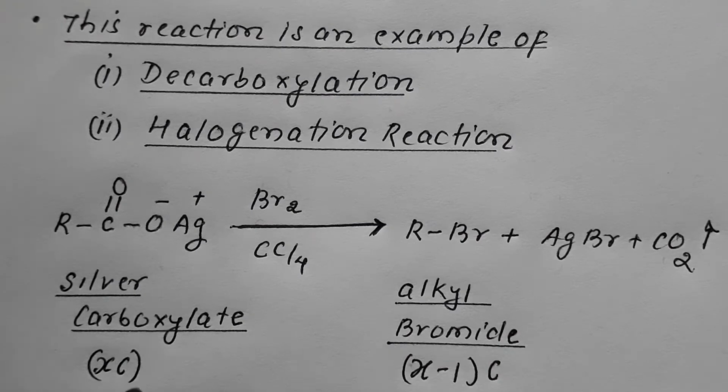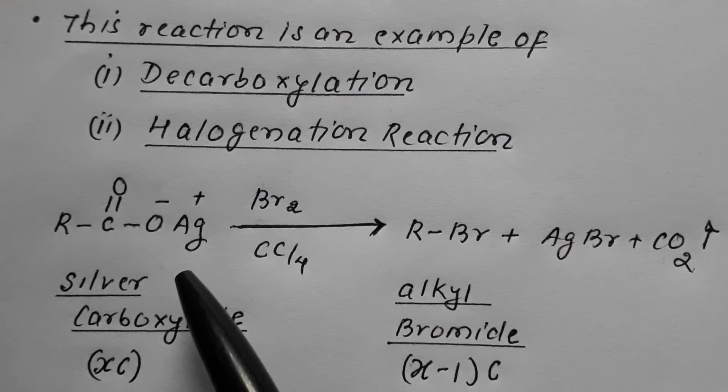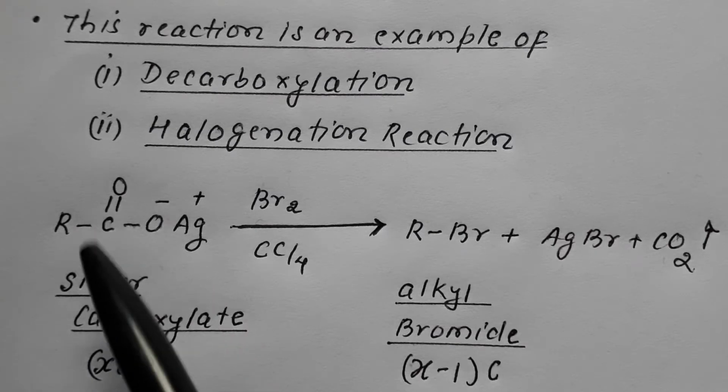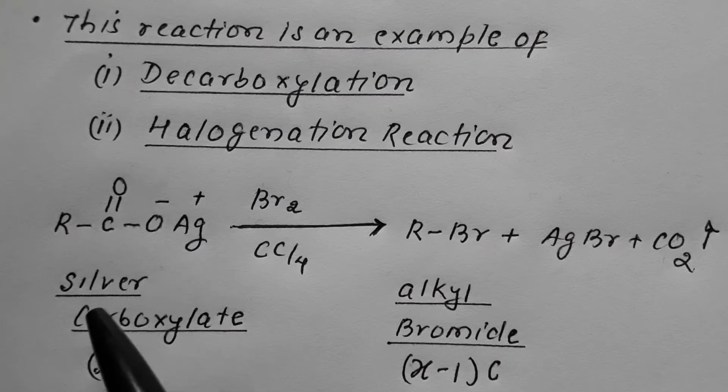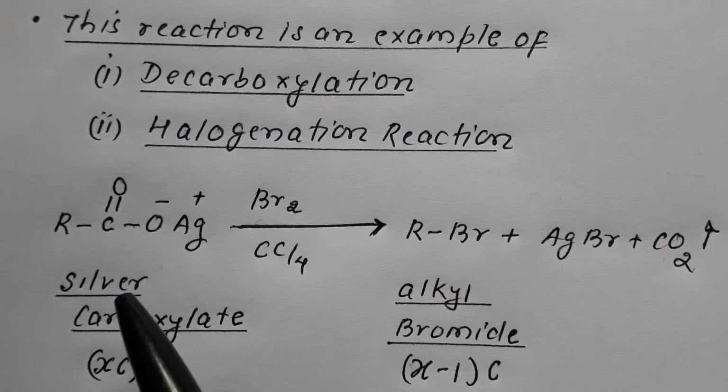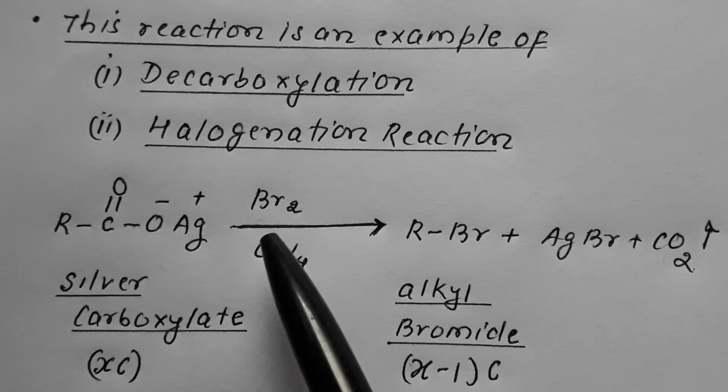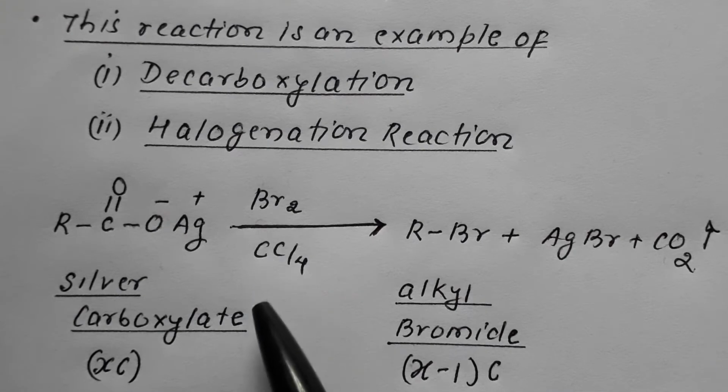Now, as I told you, in this reaction, the silver salt of carboxylic acid, RCOOAg, silver carboxylate, say having X number of carbon, is made to react with bromine in presence of carbon tetrachloride.